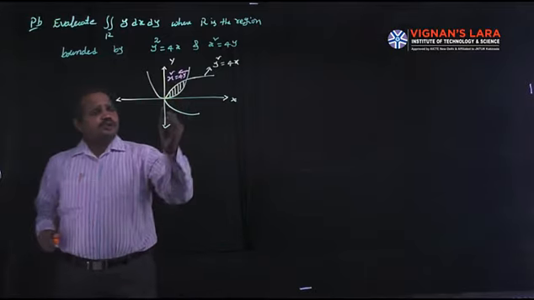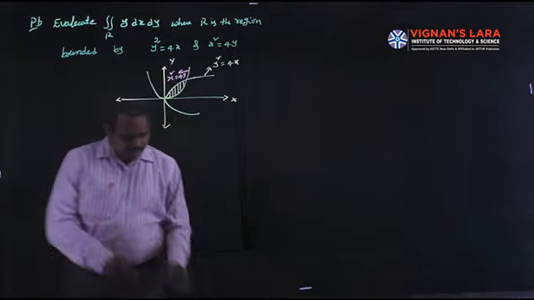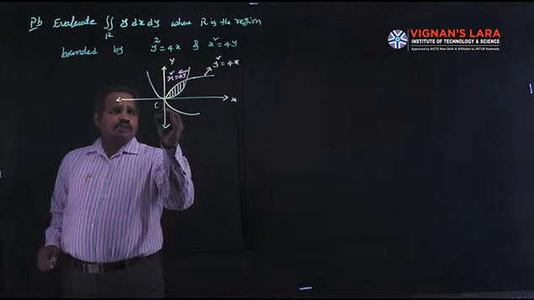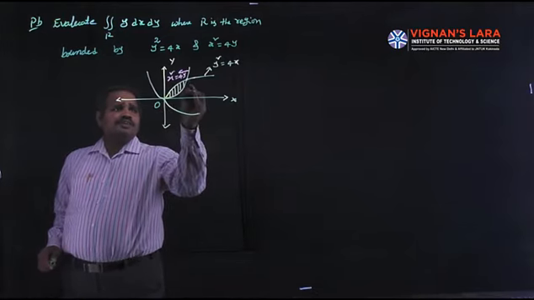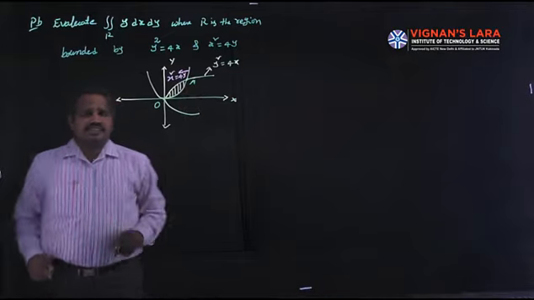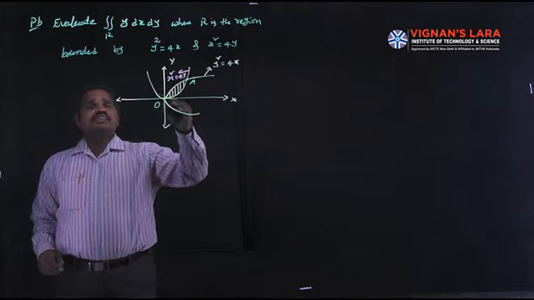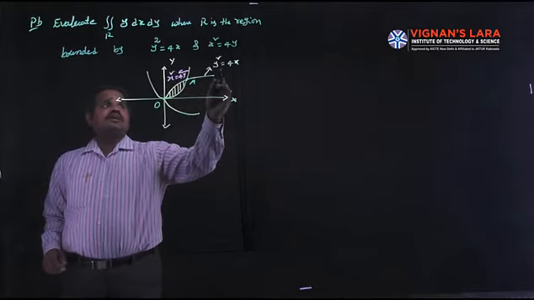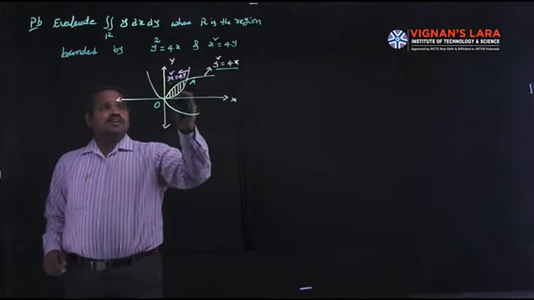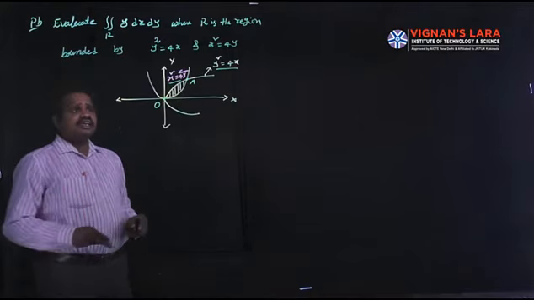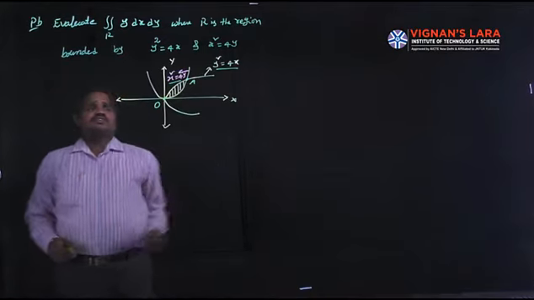And these two intersect at points: one of the points is the origin and this is another point. Assume this point as A. These two points exist by the intersection of the y square is equal to 4x curve and the x square is equal to 4y curve. So we are calculating the intersection points of these two.